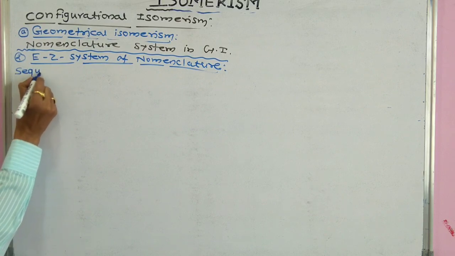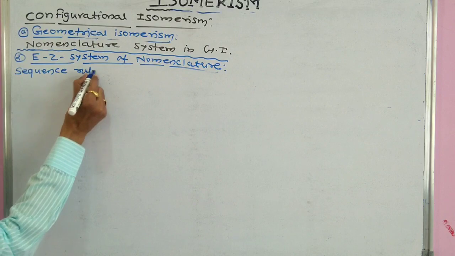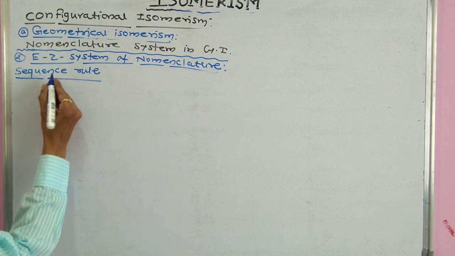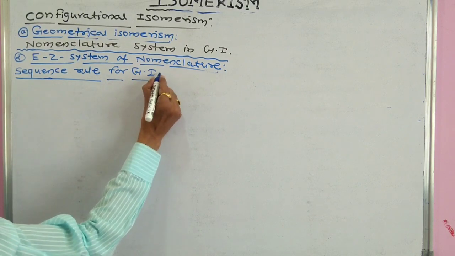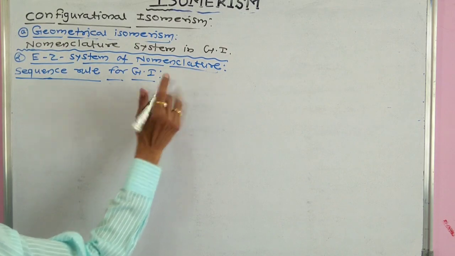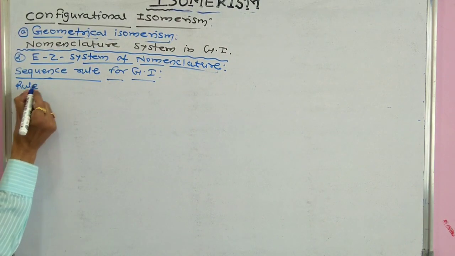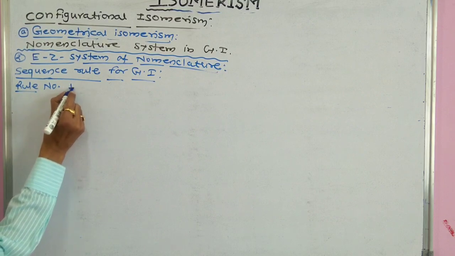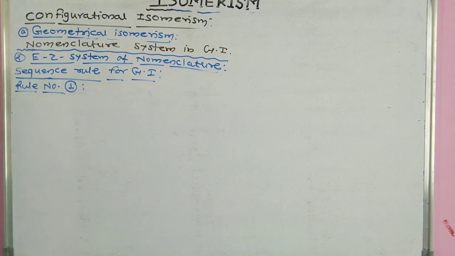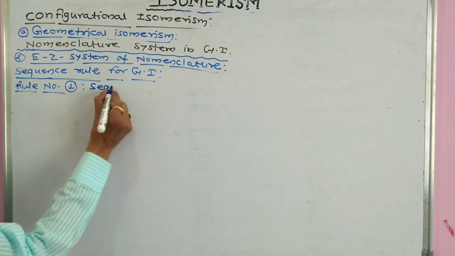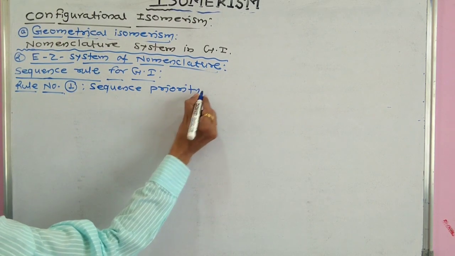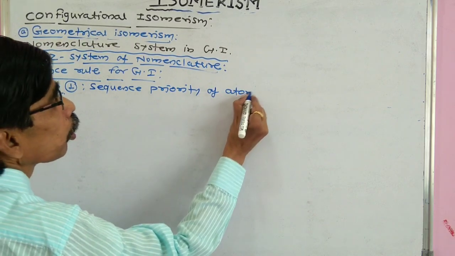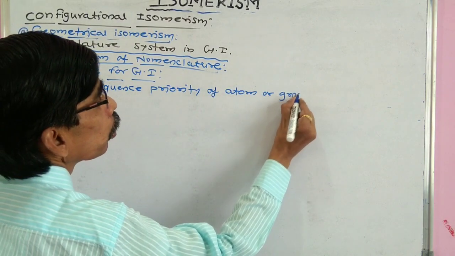So the first rule, rule number 1: sequence priority of atom or group.